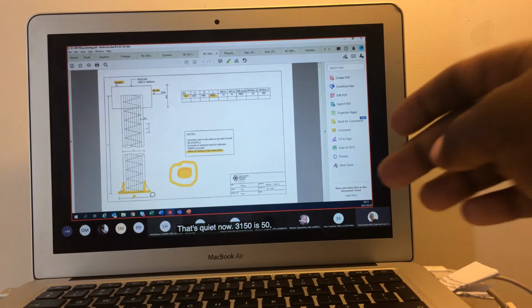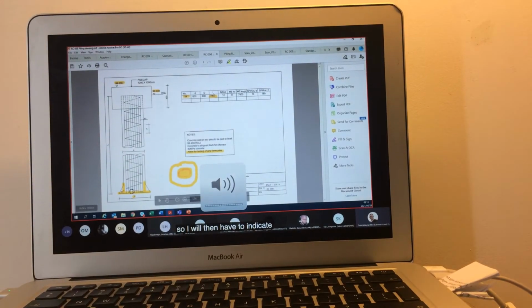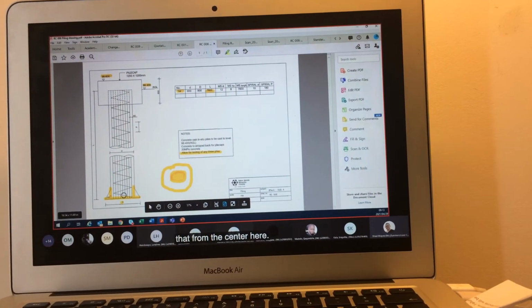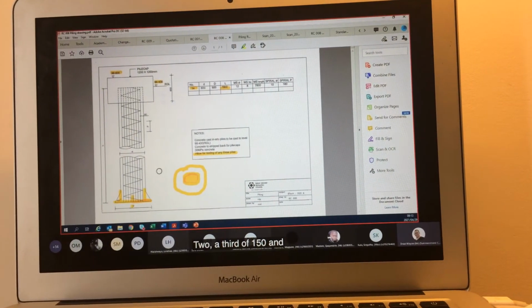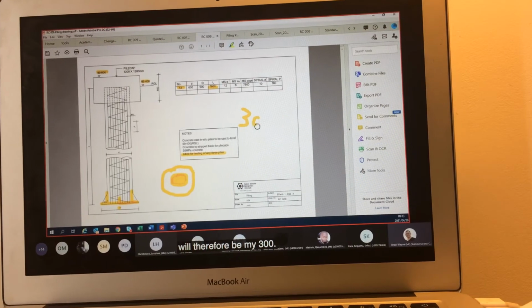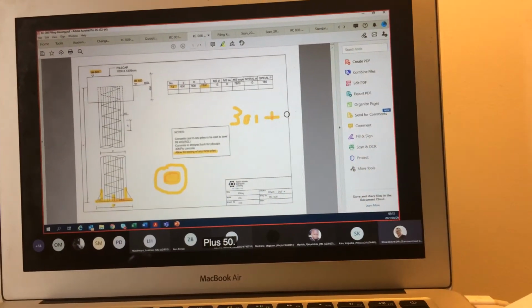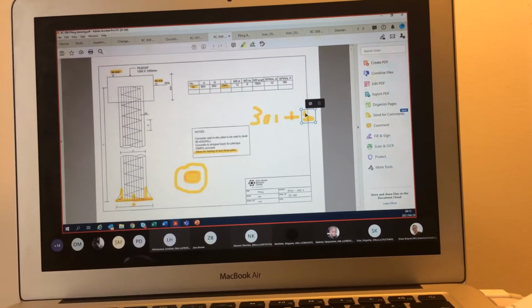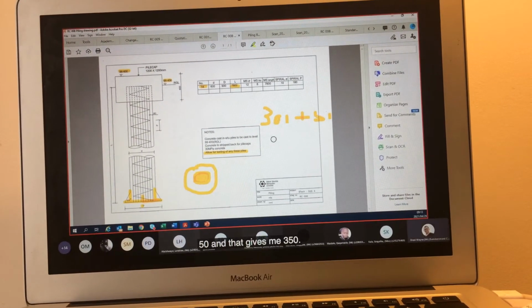And it's quiet now. A third of 150 is 50. So I will then have to indicate that from the center here to a third of 150, it will therefore be my 300 plus 50, and that gives me 350.